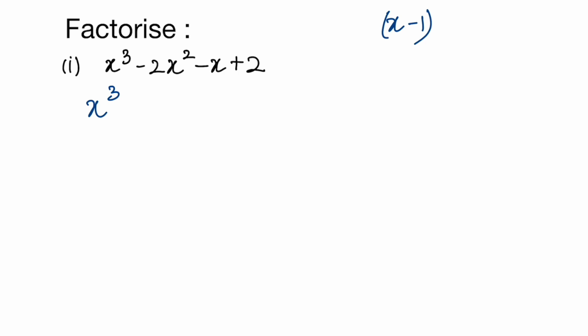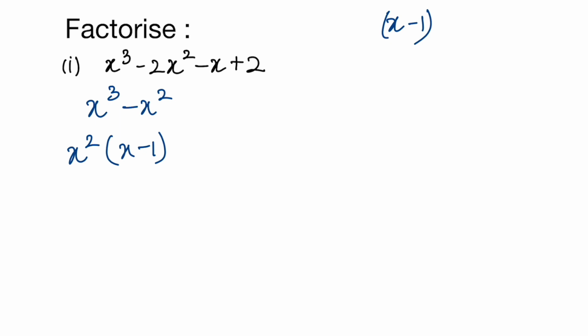And if you want to take x square out of it and you want the next term to be minus 1, then the next term should be minus x squared. Let me just repeat this once again so that it's clear for you. Only if we have x cube minus x squared, only in this case when you take x squared out of it you will get x minus 1, right?